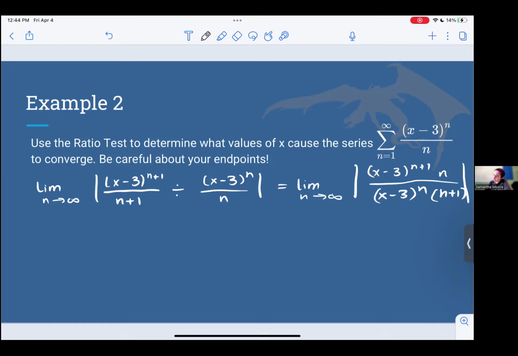All right, so simplifying down a little bit, we get the limit as n goes to infinity. The powers of x minus 3 cancel, so we get x minus 3, and then n over n plus 1.